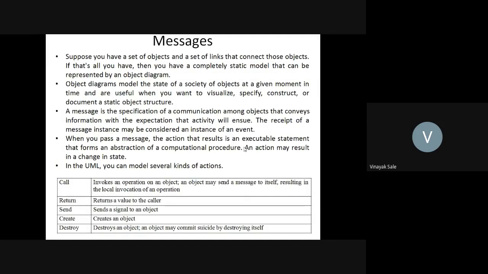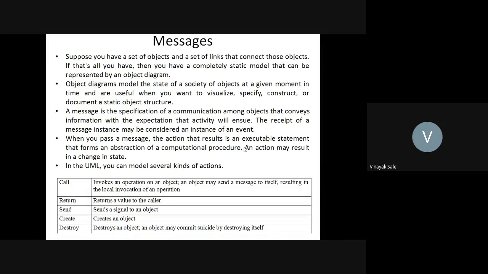Then what is a message? Suppose you have a set of objects and a set of links that connect those objects. If that's all you have, then you have a completely static model that can be represented by an object diagram.